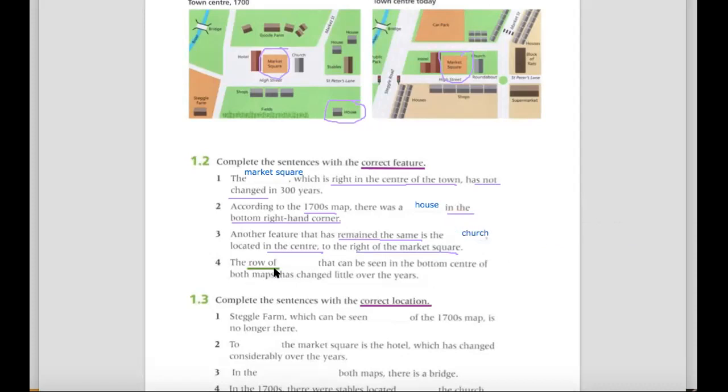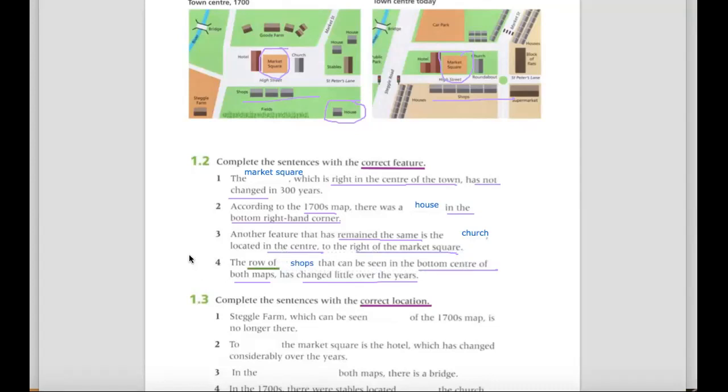And the last one, a row of something that can be seen in the bottom center of both maps has changed little. So pause the video. What's happening in the bottom center of both maps that hasn't changed much? Okay, when you're ready, you can play and we can see it over here. It is the shops.